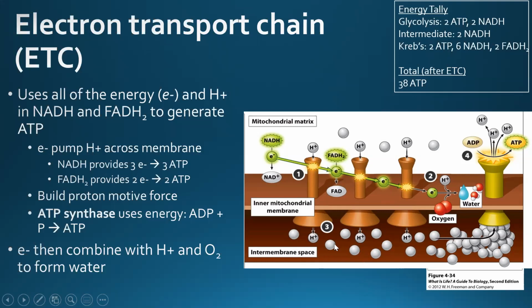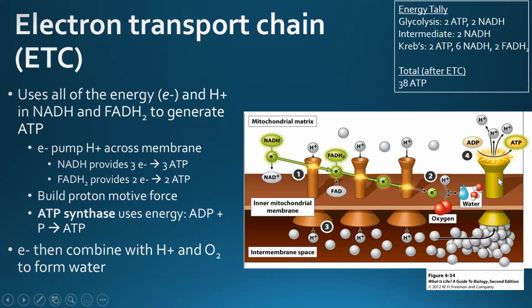And then you're going to create, what are we building here? The proton motive force that's going to go through, who's this guy? ATP synthase. So remember, one hydrogen ion is going to produce one ATP molecule.